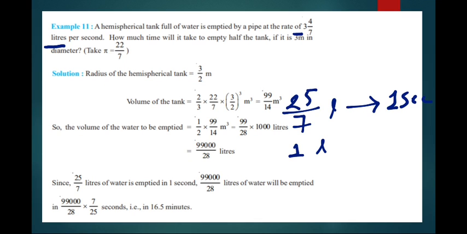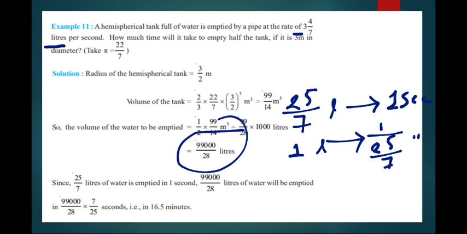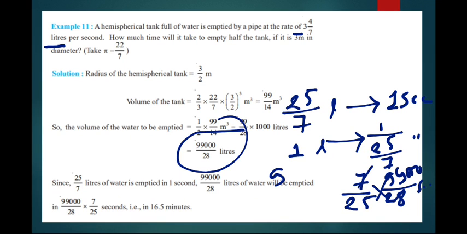That means 1 liter can be emptied in 1 by 25 by 7 second. This much liter of water is emptied in, if you do the reciprocal, 7 by 25 into 99000 by 28 second. Just do the calculation.